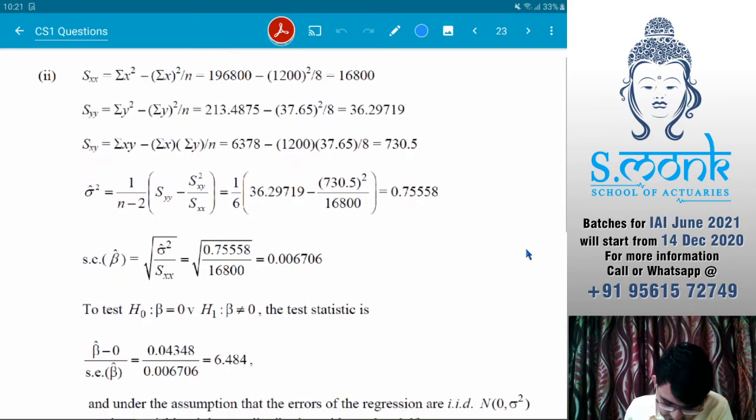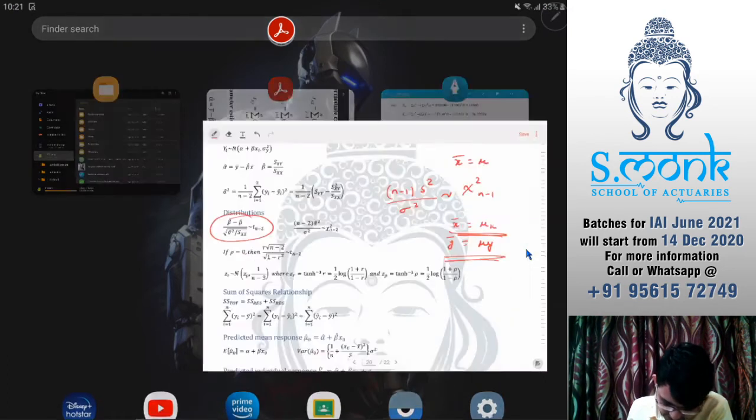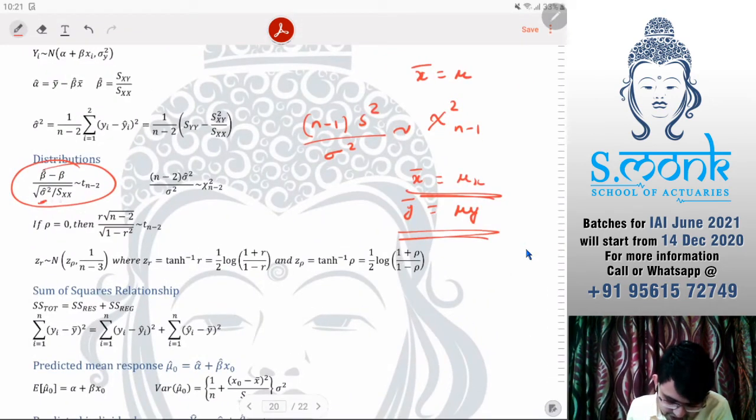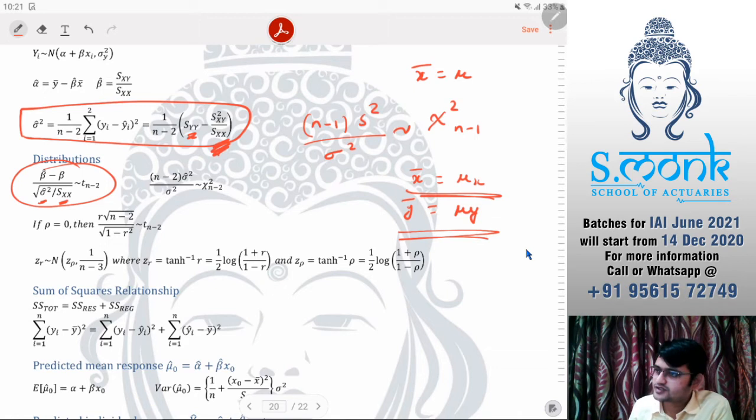Then you'll have to calculate our standard error. Standard error is going to be sigma hat square by Sxx. So you'll have to calculate sigma hat square. Sigma hat square is also given in your table book. Okay, you have your Syy, Sxy and Sxx. Using that you will be calculating sigma hat square.